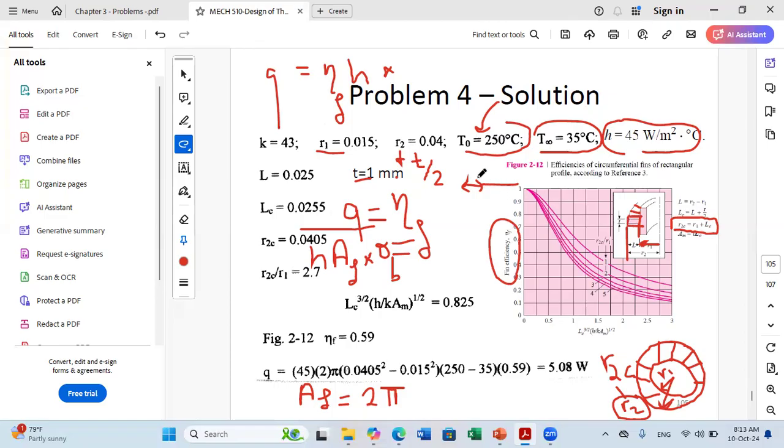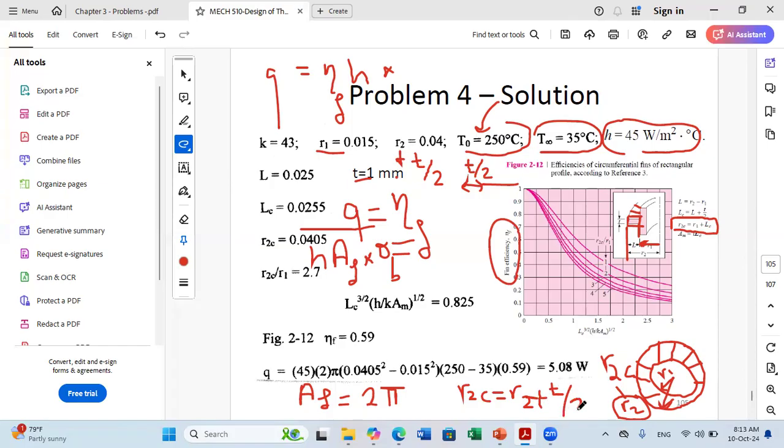So if I open it, I should add T over 2. So my new radius, R2 corrected, is equal to R2 plus T over 2.